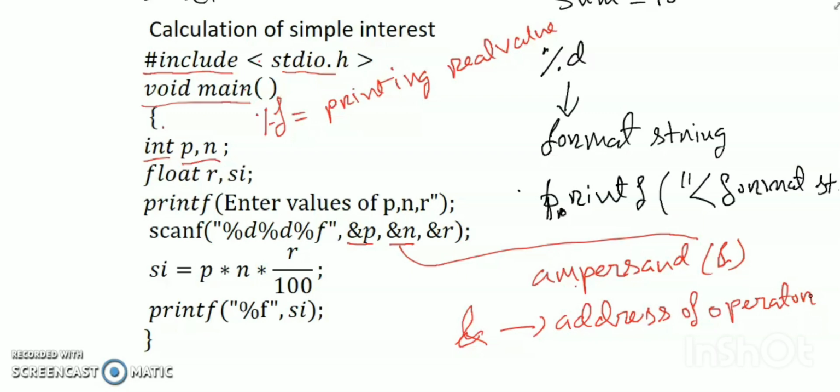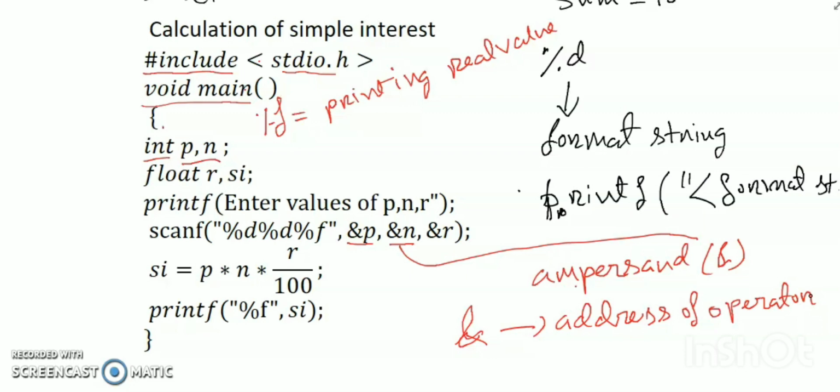When we say &a, we are telling scanf at which memory location it should store the value supplied by the user from the keyboard.